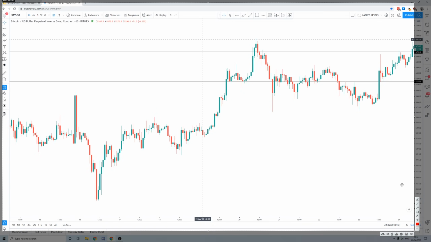On the underside of the level, you had a close through the level, another close through the level, pullback, found support, you're getting consecutive closes above it, another pullback, you get a nice hammer, close above.